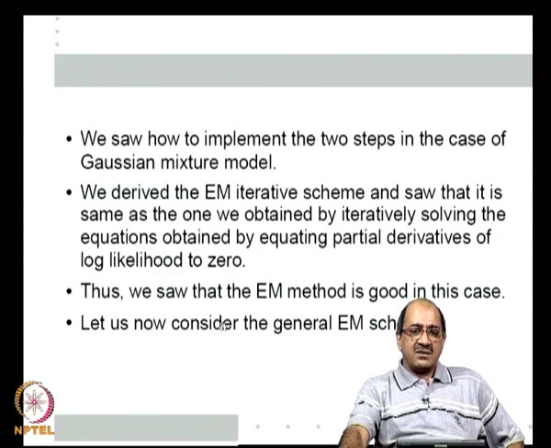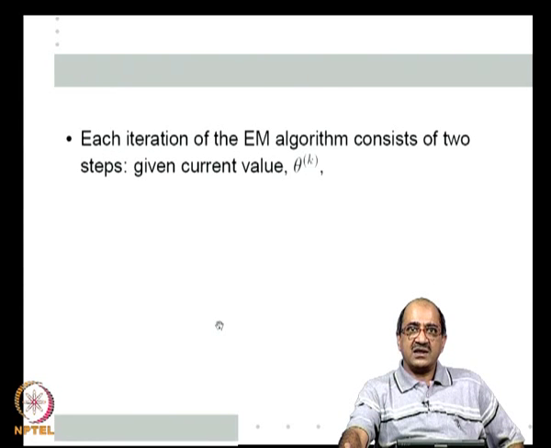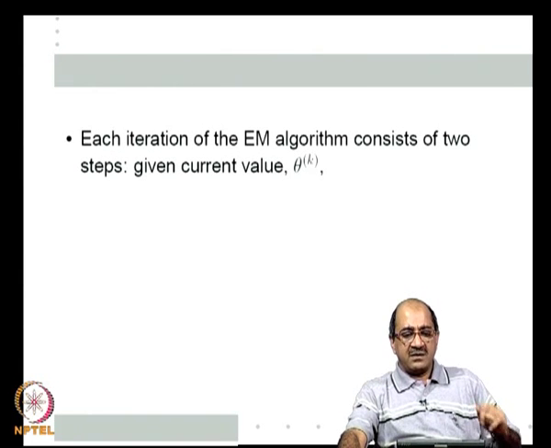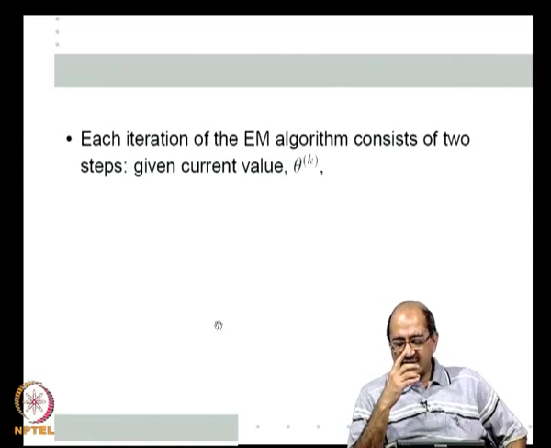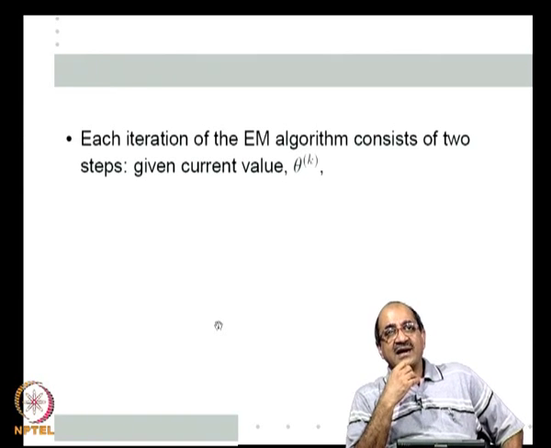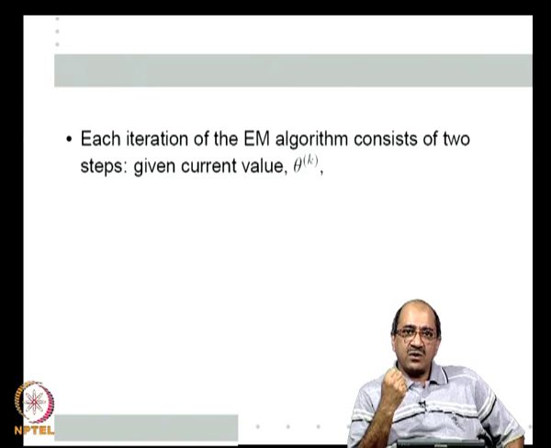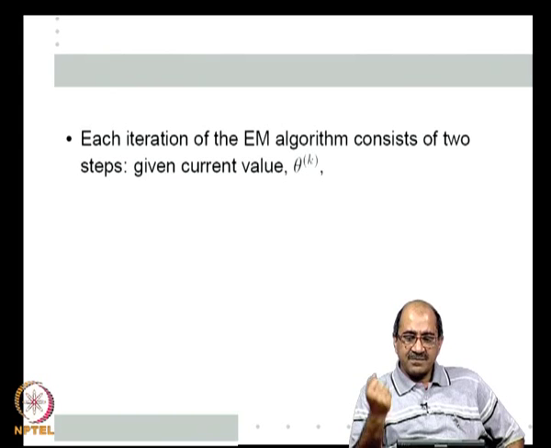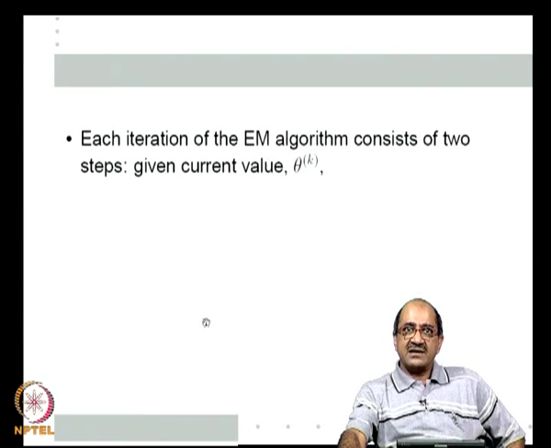So, the next question is, in the general case, why should the EM algorithm work? Let us once again recall what the EM algorithm is. It is an iterative scheme. At each iteration, I have the current value of the parameters, which I call theta k, and then I calculate theta k plus 1. To calculate theta k plus 1 from theta k, there are 2 steps.